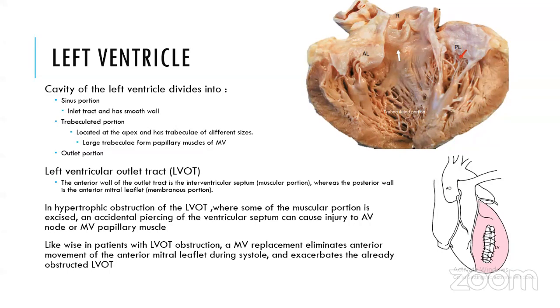This is how the gradient or the MR is created, because of the tether of the posterior mitral leaflet and the Venturi effect pushing toward the LVOT, causing the SAM. So you need to bring the coaptation line together.